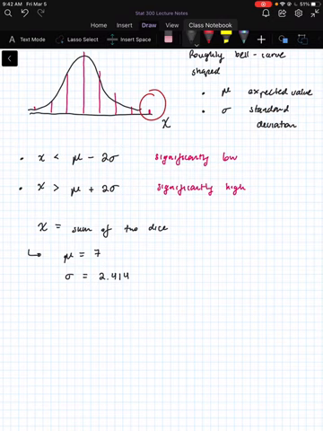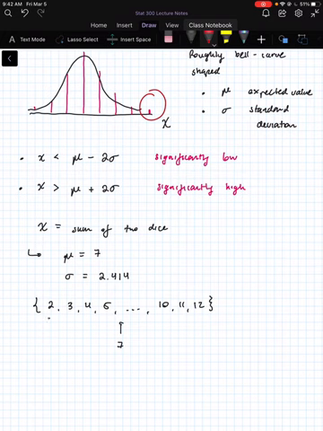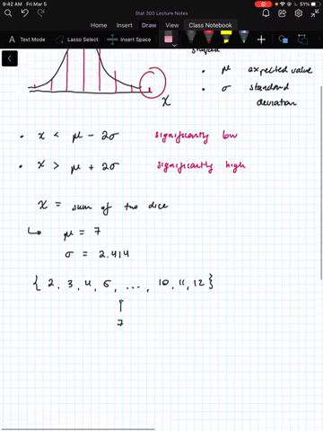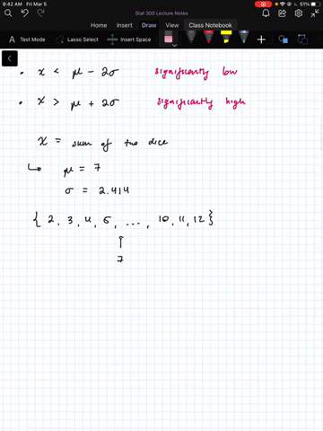All right, so what does this apply to? So anything in the support, so remember that the support is all the possible outcomes. That's 2, 3, 4, and so on. Our mean is somewhere in here. So there's 7. And it's possible that one or more of these values is far enough away from the mean in terms of multiples of the standard deviation that they are considered significantly low or significantly high.